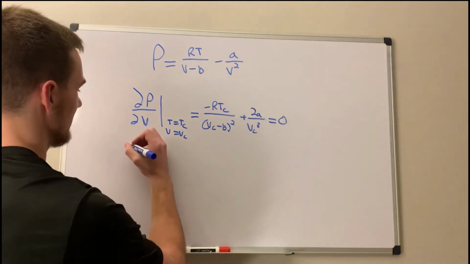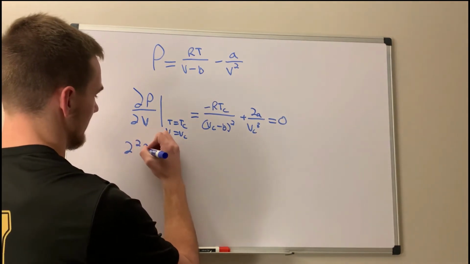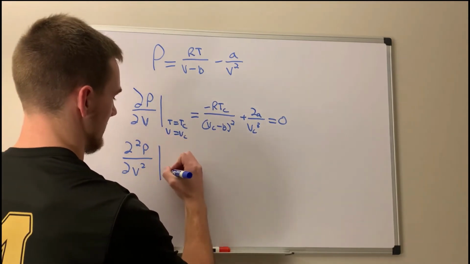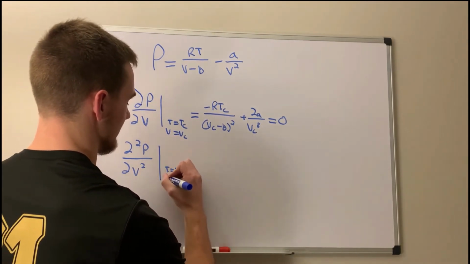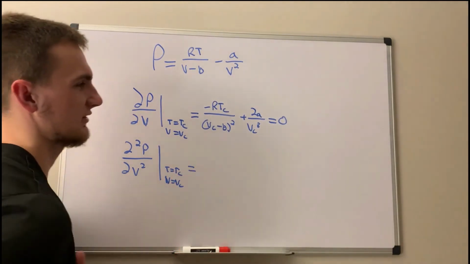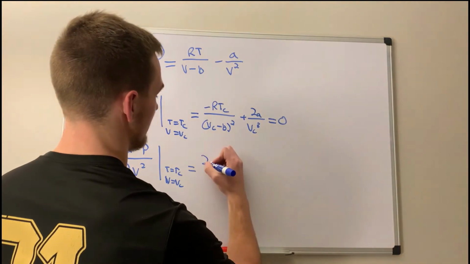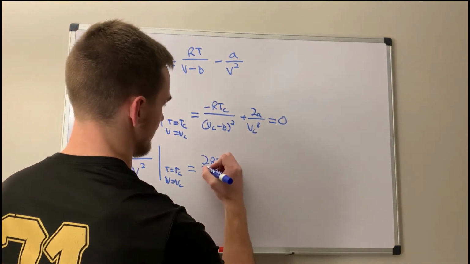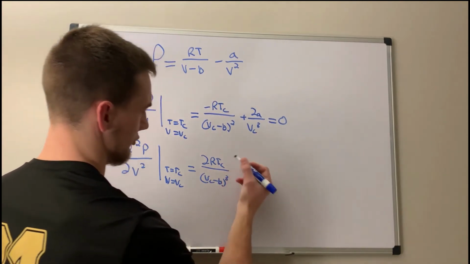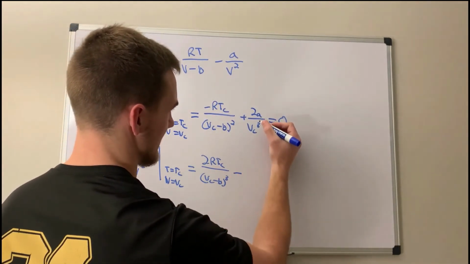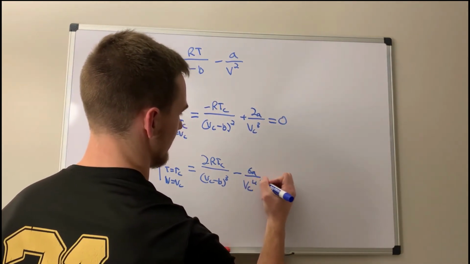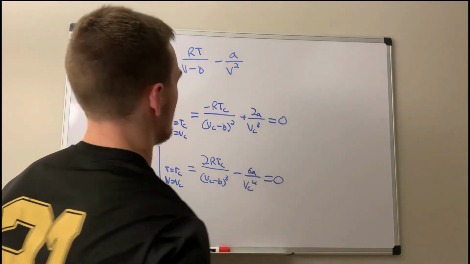So let's go ahead and take the second derivative, again evaluating at the critical temperature and the critical specific volume. We will have 2R Tc over Vc minus B cubed, and this time we will subtract 6a over Vc to the 4th power and set that equal to 0.